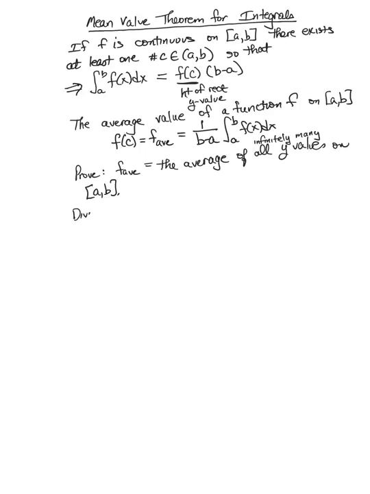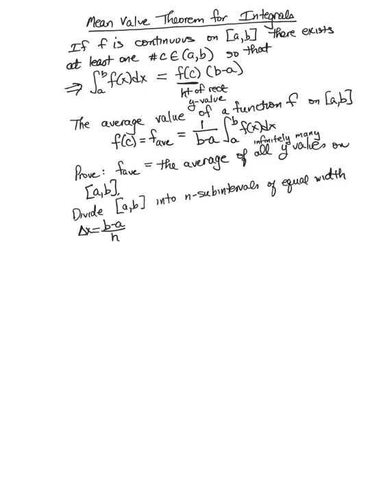We divide the interval [a, b] into n subintervals of equal width. And of course, equal width, delta x, is b minus a over n. That is the theme in everything that we do.